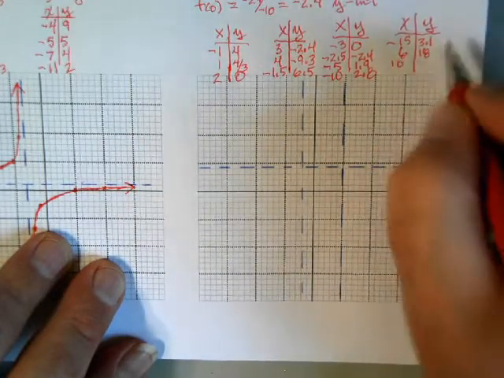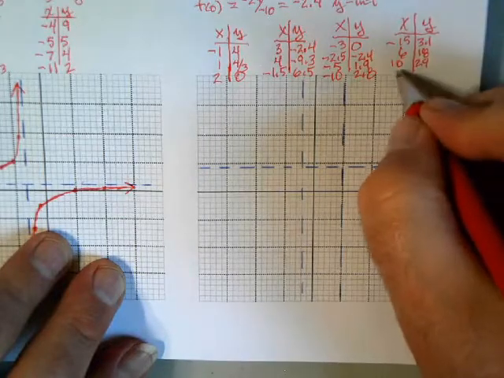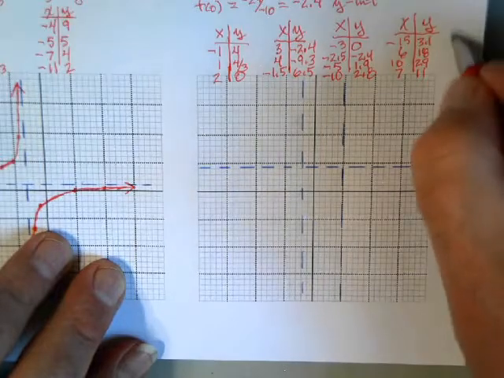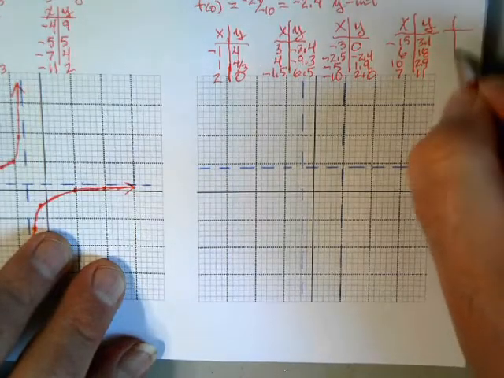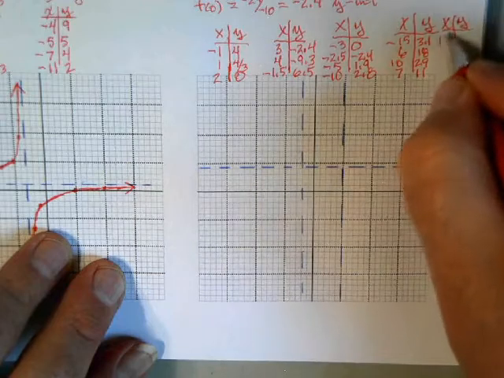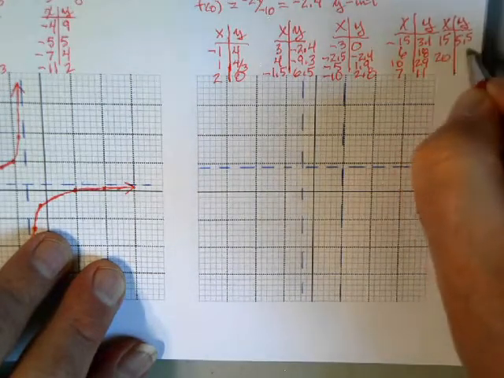Boy, that sure shifted, huh? Some more. 15 gave me 5.5. And 20 gave me 5. So, did quite a few there, but let's see where things are now.